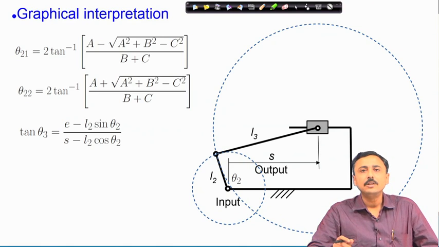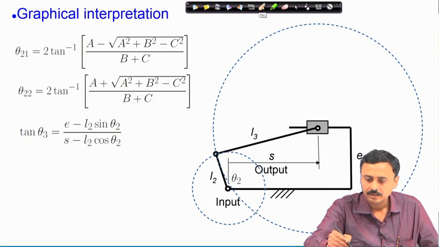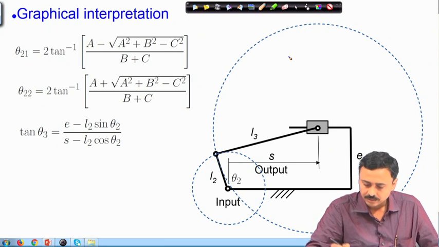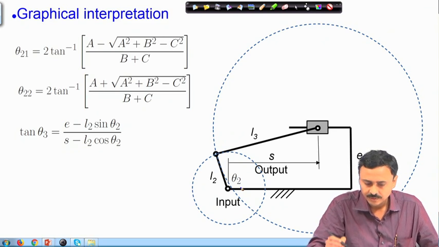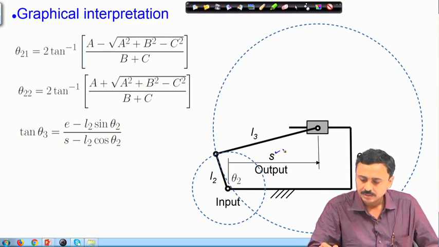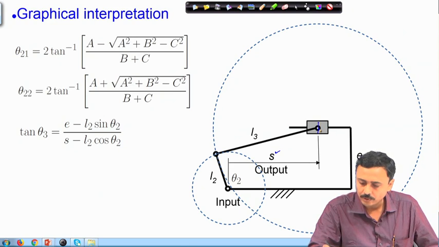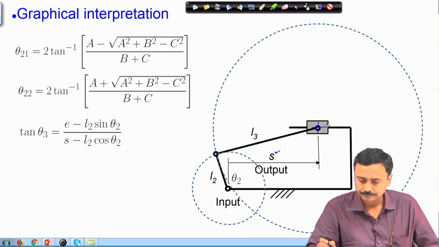Now, we look at the interpretation of the solutions. There are two solutions as we have mentioned. In this case, I am given S. Therefore, this point is fixed, the slider position is fixed.